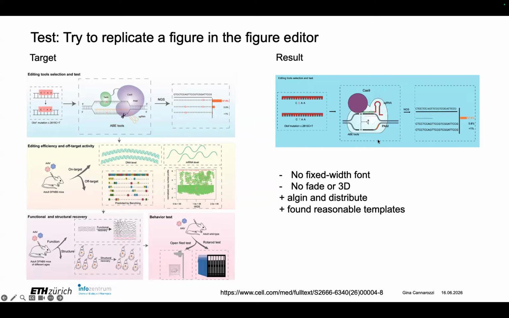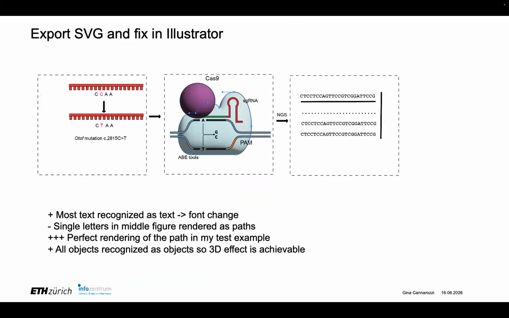What I did like is they have align and distribute, which I use a lot, and I found a template that suited my need, but usually it's just one template. I don't have much of a choice, but so far what I've needed has been in there. What's great about this tool is you can export in vector graphic format, SVG, and then I can fix it in Illustrator.